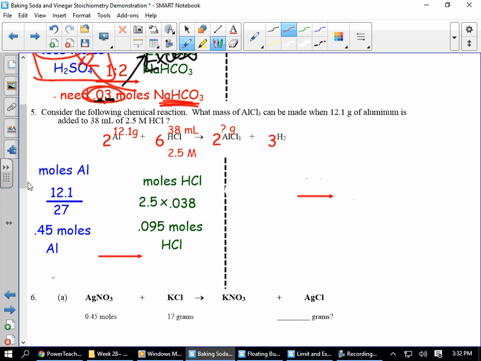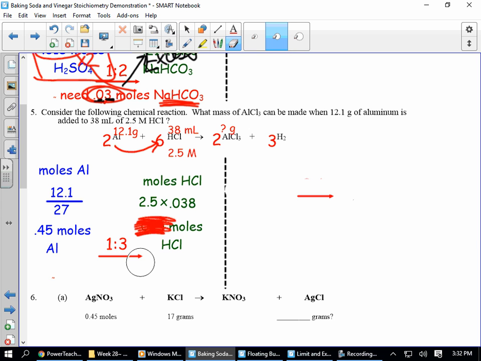You could do it the other way, but I'm going to cover this number up because this is getting bigger here. So this is a 1 to 3, 2 to 6, 1 to 3, same thing. So I'm going to multiply this number by 3. When you multiply 0.45 times 3, I get 1.35 moles of HCl.